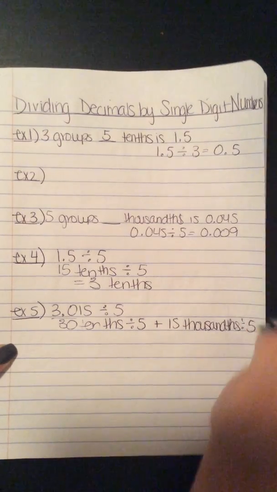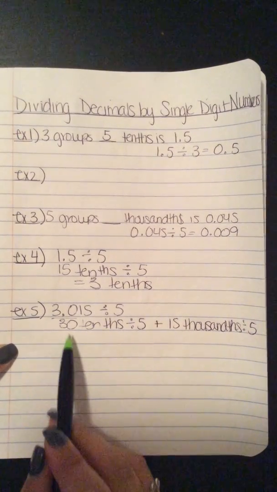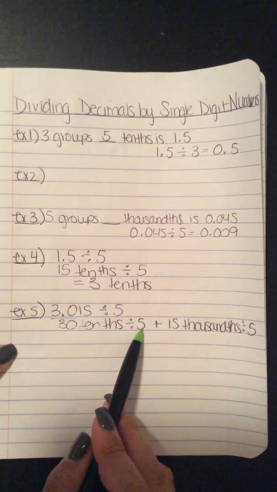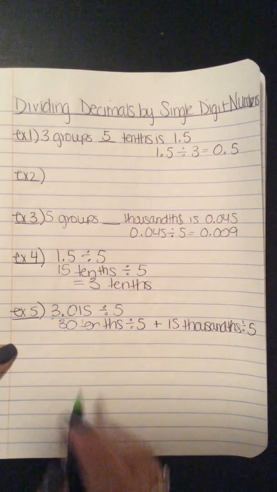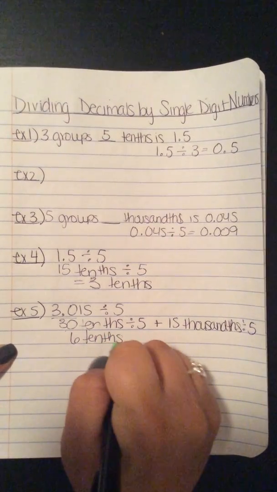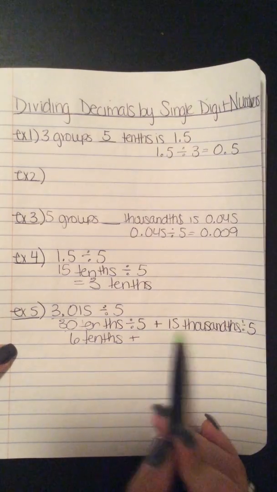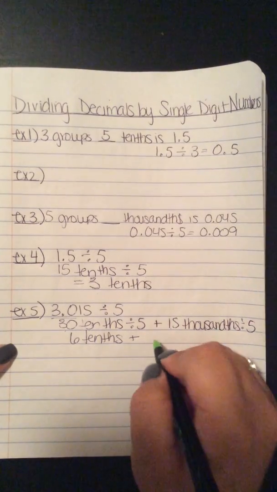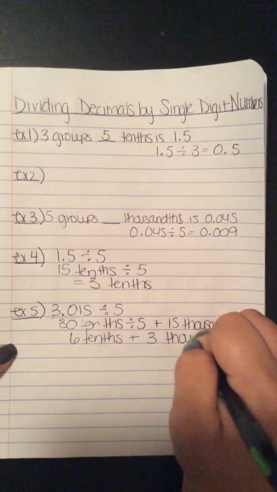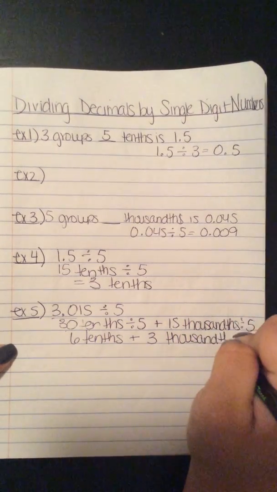divided into 5 groups. So 30/10 divided by 5, so 3 divided by 5 is 6, and those units are tenths, plus 15 divided by 5 is 3, and those units are thousandths.